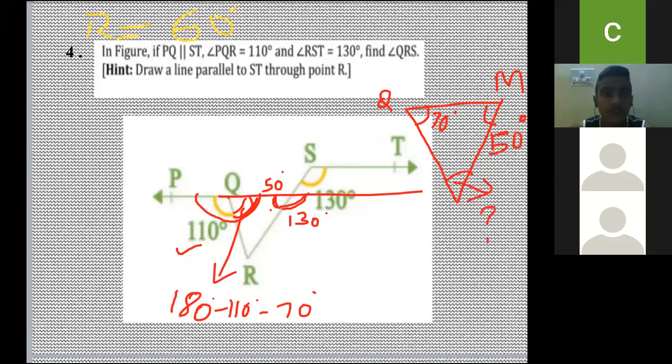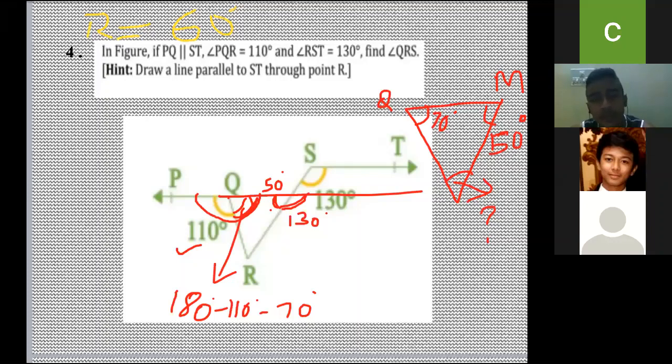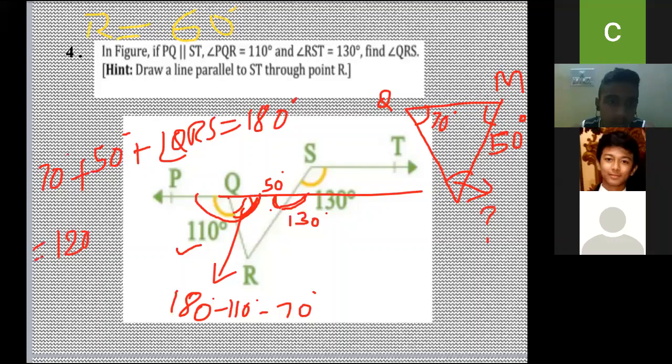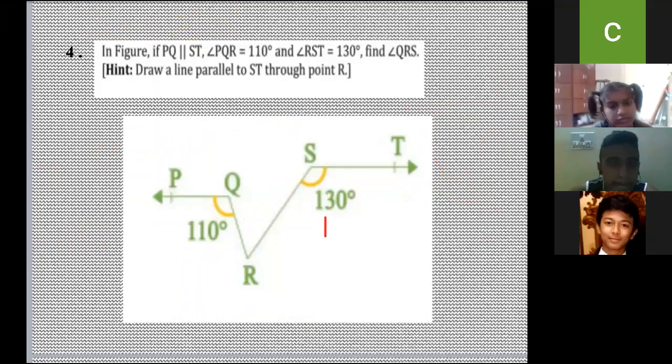Angle sum property, ma'am. That is, the sum of angles in a triangle is 180 degrees. So 70 plus 50 plus x equals 180. Children, let me continue: the angle at R, 120 plus angle QRS equals 180 degrees.